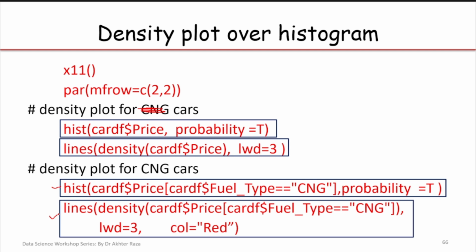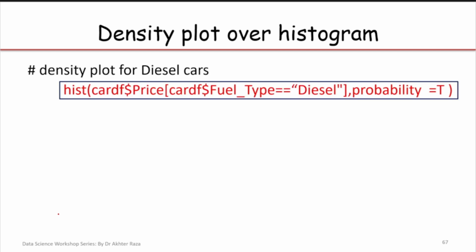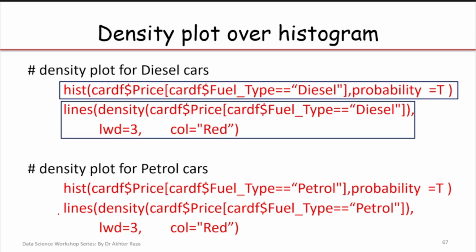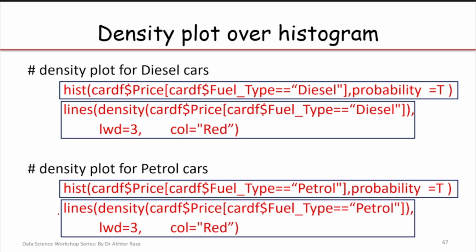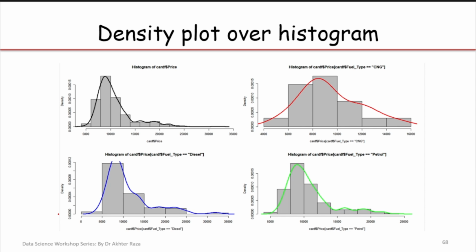Diesel and petrol. So you can see that these are the 4 different commands. By these 4 commands, we have the 4 histograms, and over the 4 histograms, the density plots will be superimposed, meaning overwritten. So you can see the output in different colors.